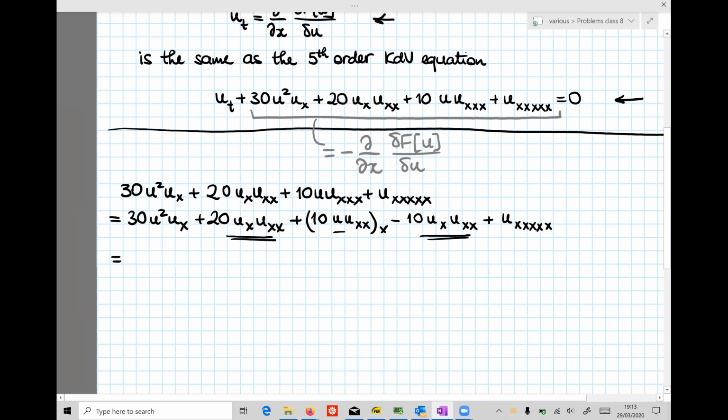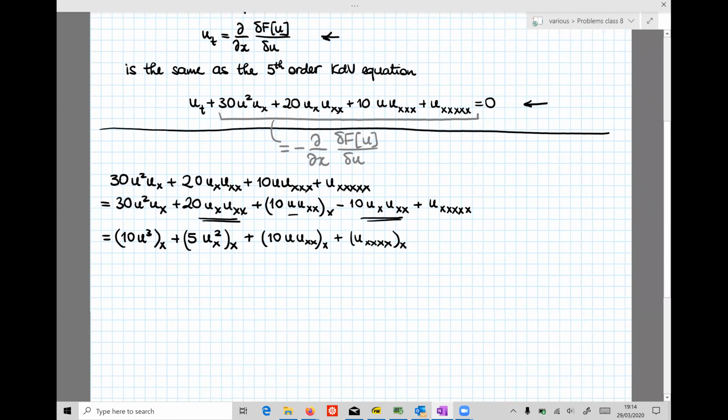And so we have 30u squared u_x, that's equal to the x derivative of 10u cubed. Then we have 20 minus 10, that's 10 u_x u_xx, that's equal to plus 5 u_x squared x derivative. Then we have plus 10 u u_xx x derivative, and the last term is just the x derivative of the fourth x derivative of u.